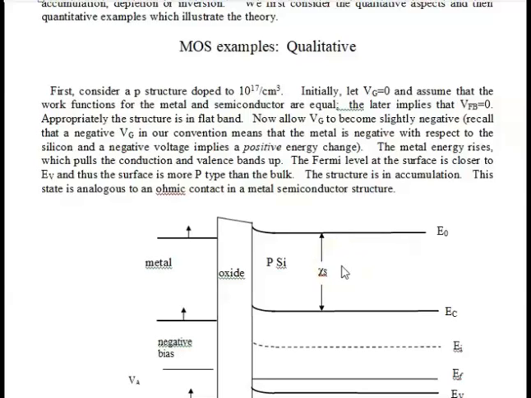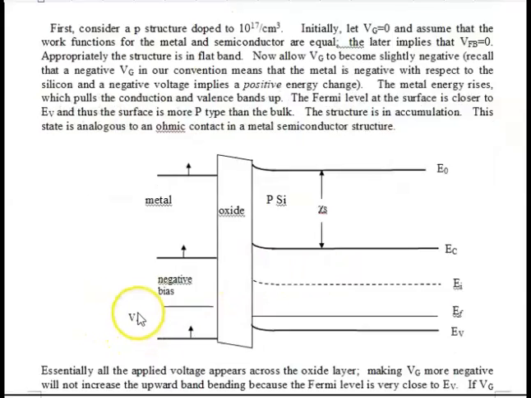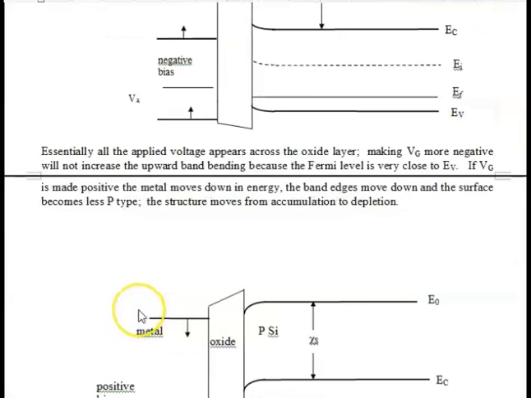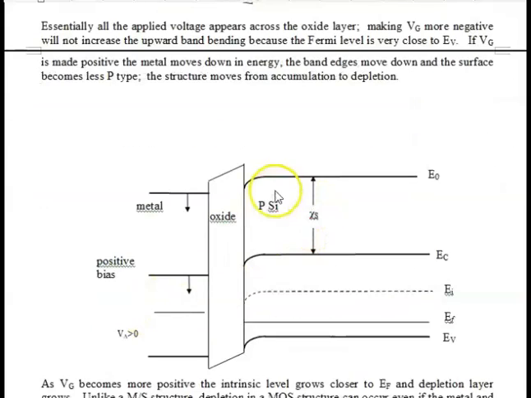So now we're going to flip the bias on the metal, and we're going to put a positive bias on the metal. And then we get the P bands bending down, and the oxide also having a positive slope. Notice again that the slope on the oxide is the same as the slope on the silicon, except the value of the slope is somewhat less in the oxide.